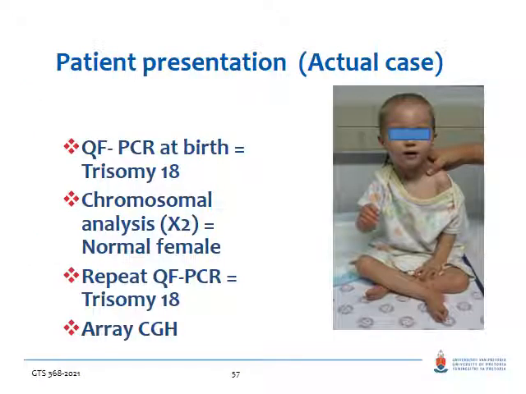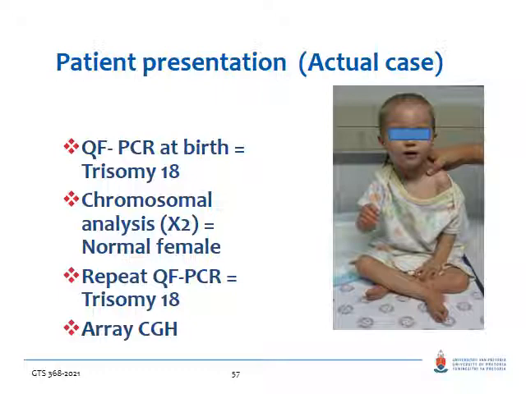This is an actual case. A little girl was referred to me at about 20 months of age. When I saw her, I was told that she had a QF-PCR at birth, indicating a trisomy 18. It was unusual because babies with trisomy 18 don't usually live up until 20 months of age.